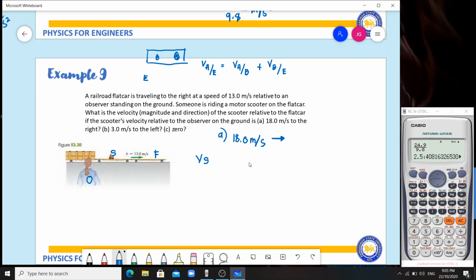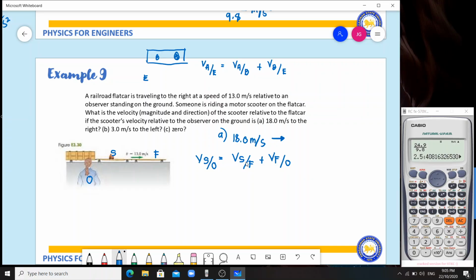Okay, yan na. Velocity of the scooter relative to the observer equals velocity of the scooter relative to the moving object, which is the flat car, plus velocity of the flat car relative to the observer.